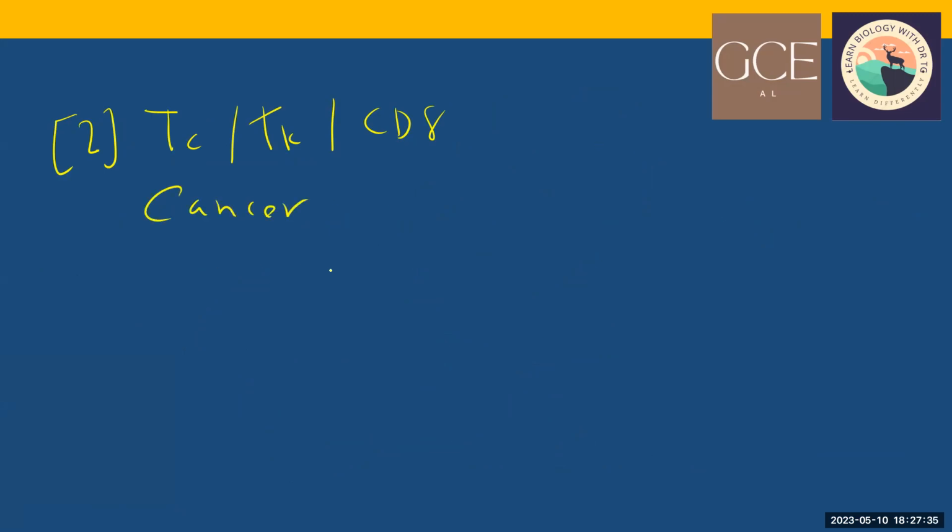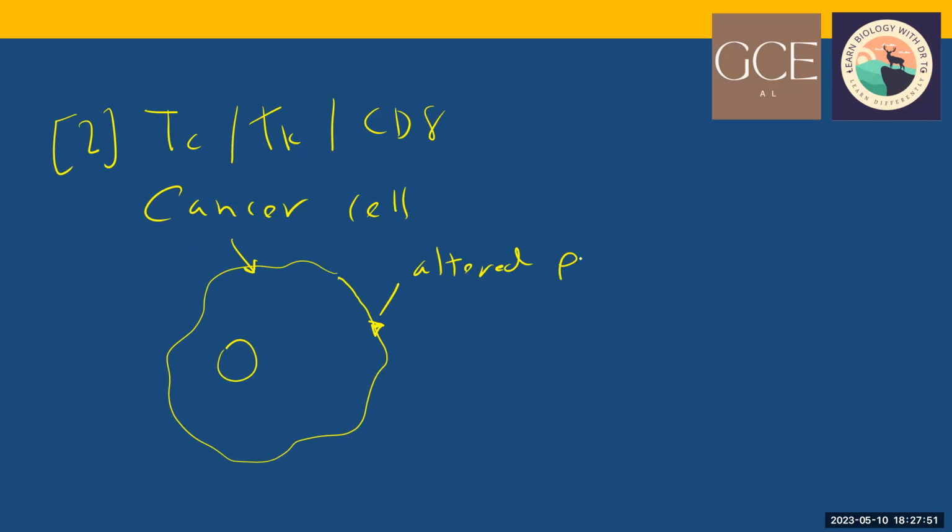And there's another important role we can also see. Cytotoxic T cells, T killer cells, CD8 cells, same cells, when they activate, they're also important in cancer. So certain cancer cells, not all cancers, express specific altered proteins. So this is a cancer cell, and this is an altered protein.